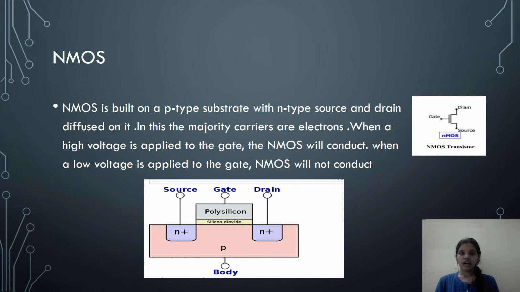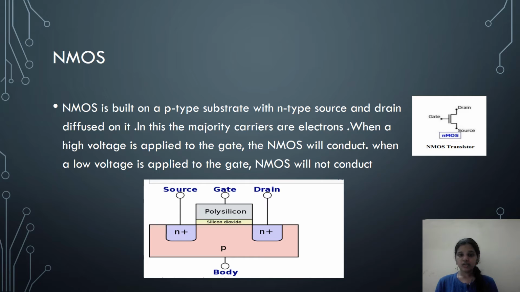NMOS. In NMOS, there is a P-type substrate as the body of the MOSFET. There are two heavily doped N regions. They are the drain and the source. P-type and N-type are grown on a single silicon wafer. There is a SiO2 layer between the two N plus regions.